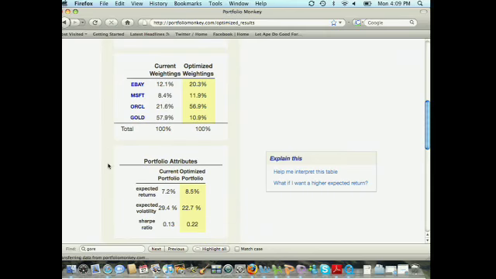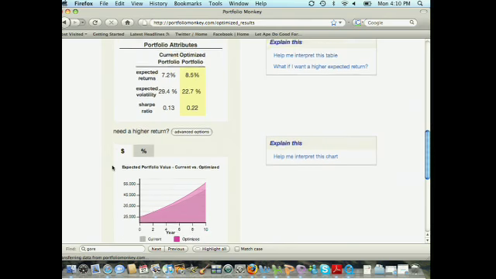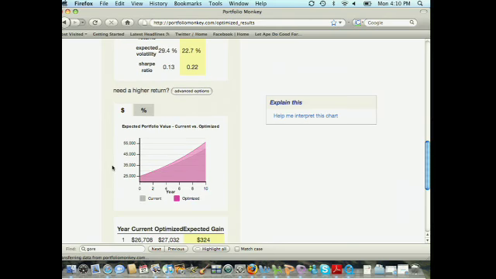The optimal portfolio produces a higher expected return than my current portfolio, and with less volatility. And correspondingly, the Sharpe Ratio is higher as well. Now, as an investor, this basically is telling me that my portfolio is suboptimal, that I can get more bang for the buck by reweighting.